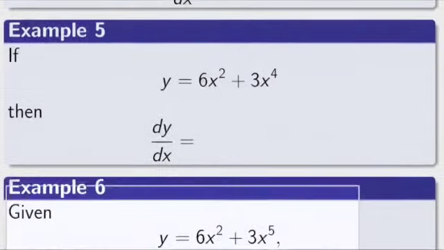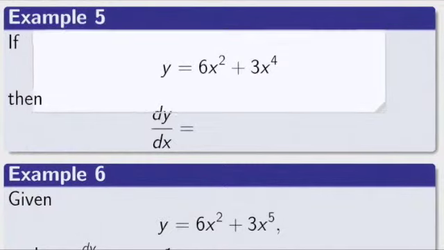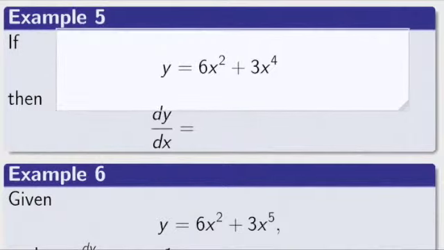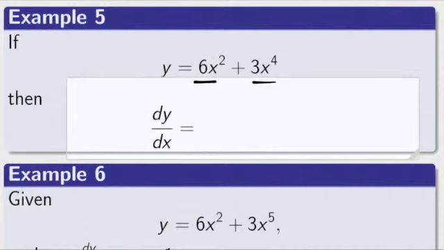Let's consider another example. If y is equal to 6x squared plus 3x raised to the power 4, now in differentiating the function y, we can differentiate these individual terms and we can sum them together. So derivative of 6x squared is 6 times 2 x raised to the power 1 because we subtract 1 from the index.